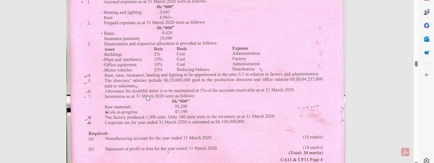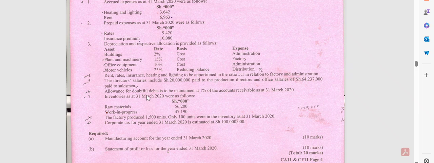So for number 5, it reads the director's salaries include 20 million, but for consistency, let's just say 20,000. Remember, our figures are in thousand. So 20,000 or 20 million paid to the production director and office salary of 64 million to 37,000 paid to salesmen. So director salary.